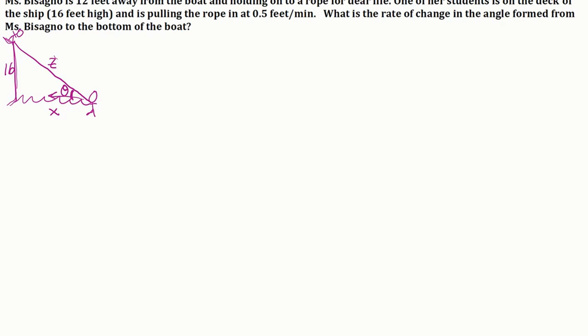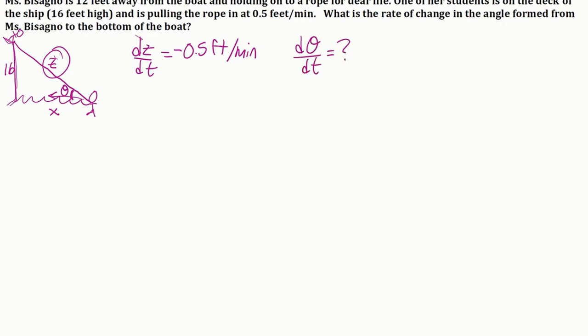So we know that the rope is being pulled in. So dz dt is negative 0.5 feet per minute. And that is negative because the distance is decreasing. The rope is not being let out. The rope is being pulled in. So that distance is decreasing. So it's a negative rate. And we are looking for the rate of change of the angle.